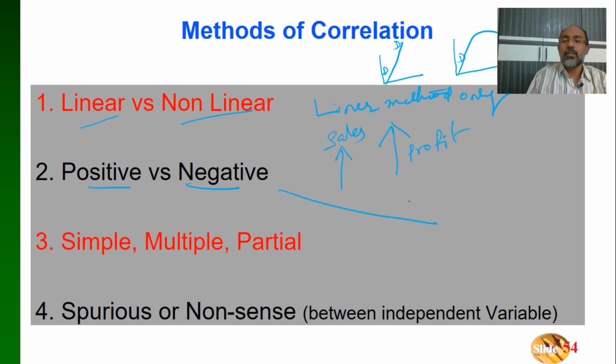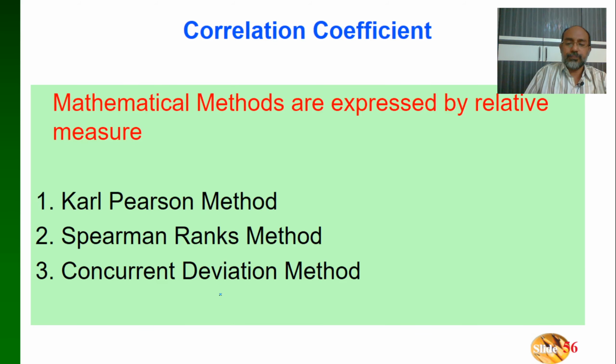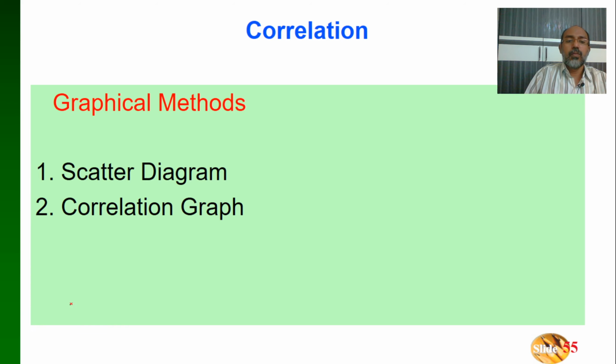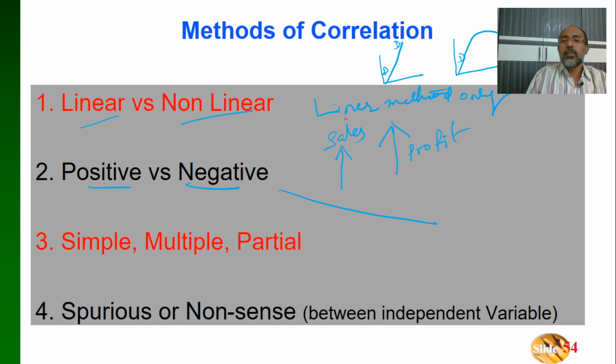Then what is negative correlation? Negative correlation means if you drop the price, you reduce the price, it may attract the customers and increase the sales.